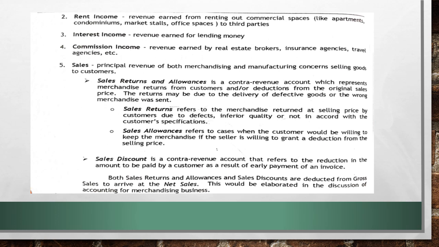So when we say contra revenue account, we have to deduct those accounts from the sales revenue. Both sales returns and allowances and sales discounts are deducted from gross sales to arrive at the net sales. Okay.